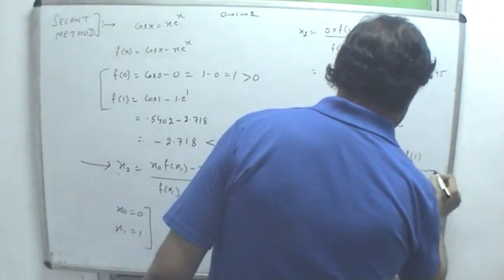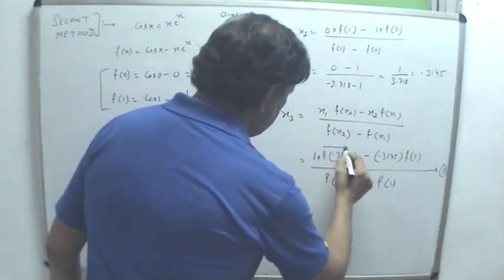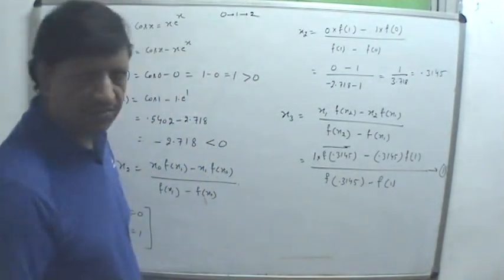We consider this equation number 1. Why? Because this value is unknown.